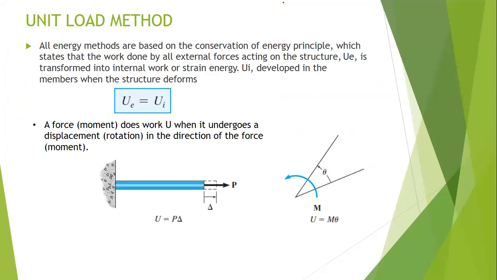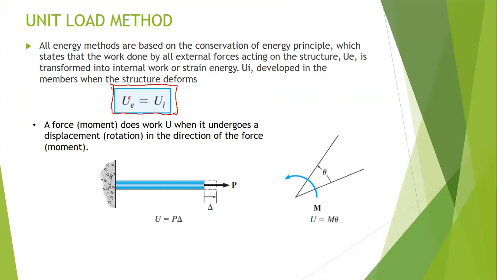So, just an overview for the unit load method. What is emphasized here is that the work done by all the external forces acting on our structure is transformed into the total internal work. So it can be seen by this equation. That is what it simply means.